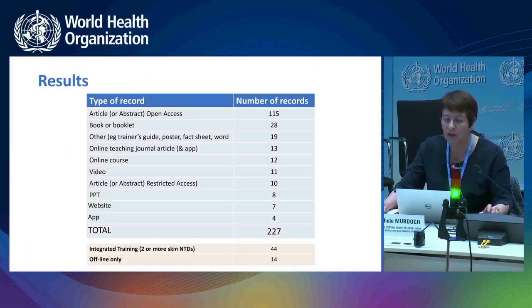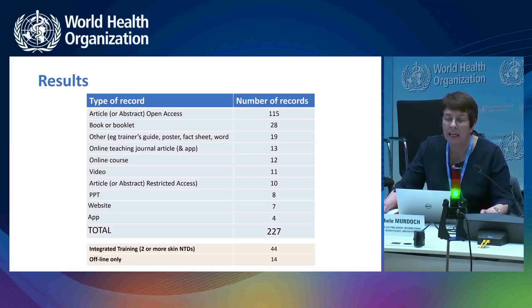This table shows the breakdown of the resources. There were a total of 227 records in the review, and approximately half of the items were open access articles. Separately, there were 28 books or booklets, some of which were quite lengthy, some were over 100 pages, but mainly freely available.